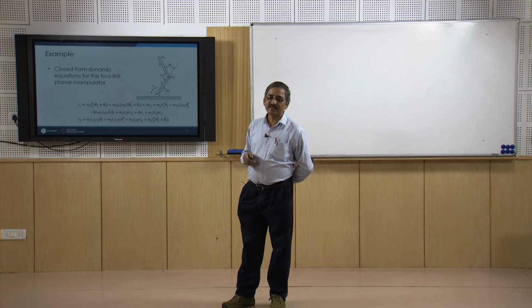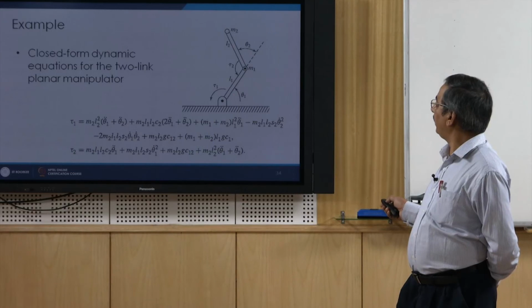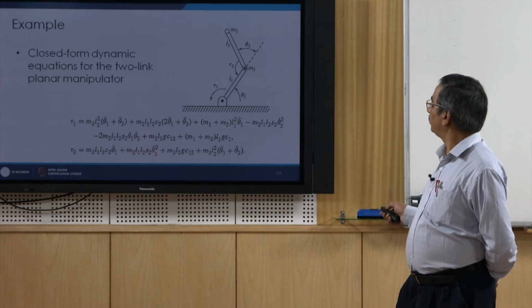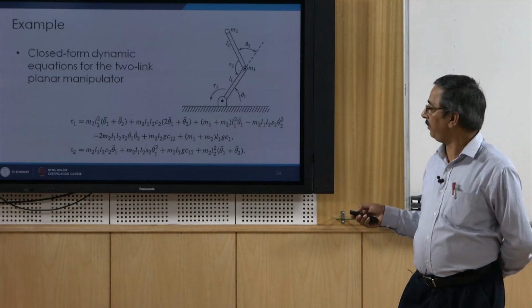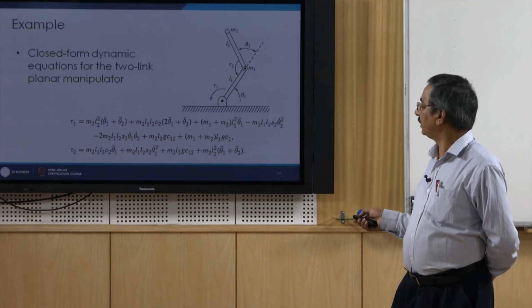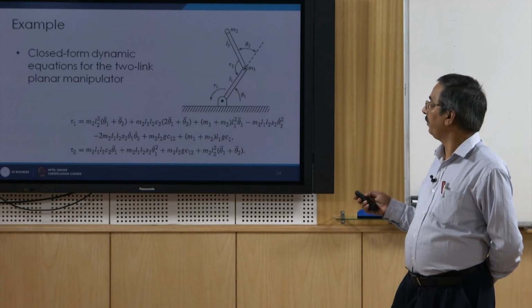The modeling can be simplified by assuming point masses M1 and M2, the link lengths are L1 and L2, and the joints are theta 1 and theta 2. Then the problem is to find the joint torques tau 1 and tau 2. If we apply the same algorithm, these are the values which we are going to get for the first joint torque and the second joint torque.